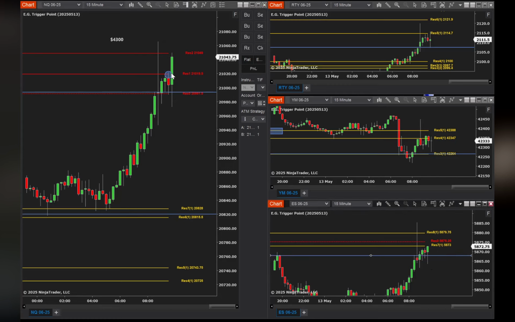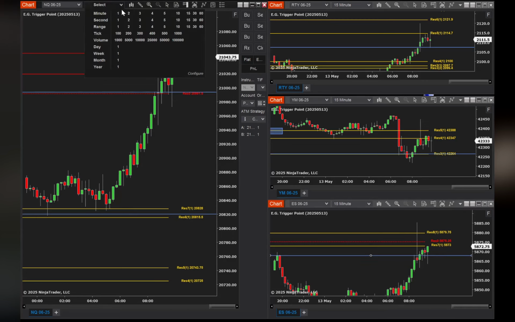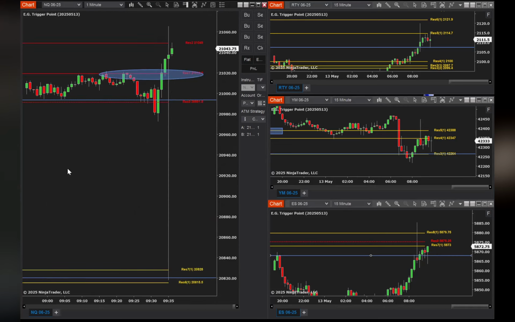When NQ was here, I understood that NQ wants to break. And it broke. It broke and it retested. After NQ finished the retest, I trailed my stop loss, not before. Okay, I hope it's clear.